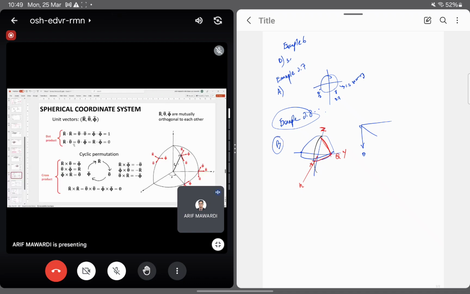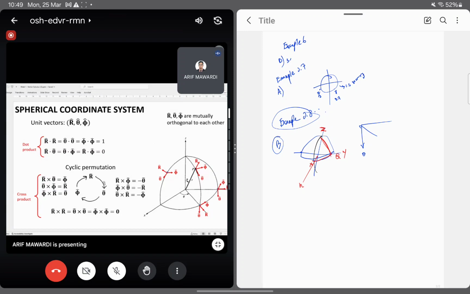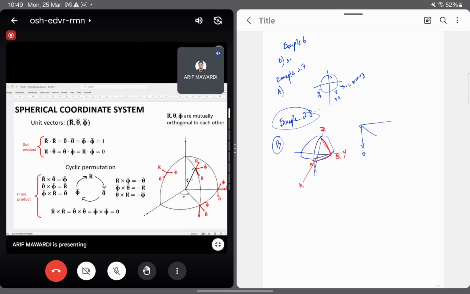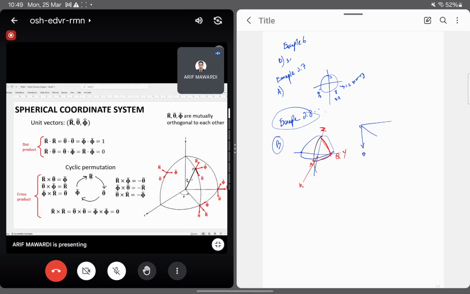And then to calculate the cross product between different unit vectors, you can use the cyclic permutation. I think it's straightforward to use this cyclic permutation. If you go with the flow, you will get a positive sign. But if you go against the flow, you will get a negative sign. What is more important is you need to put this in the right order.